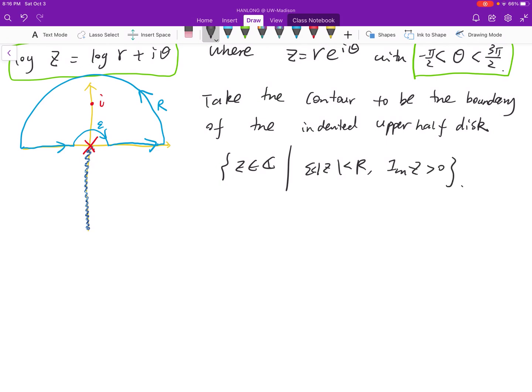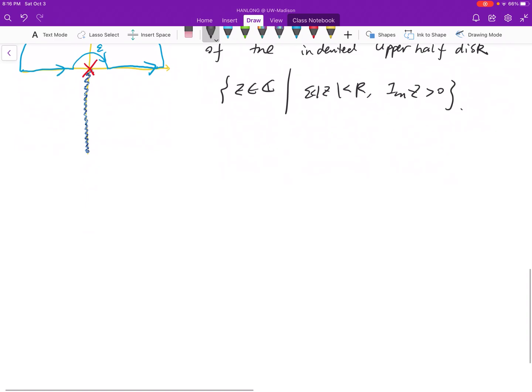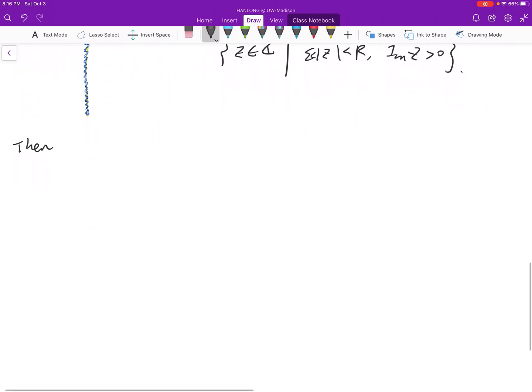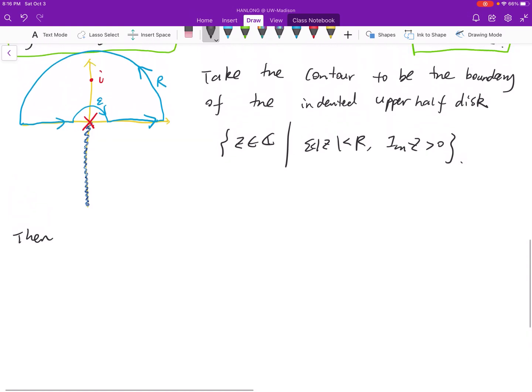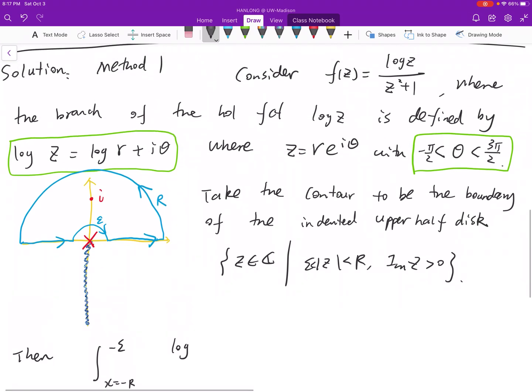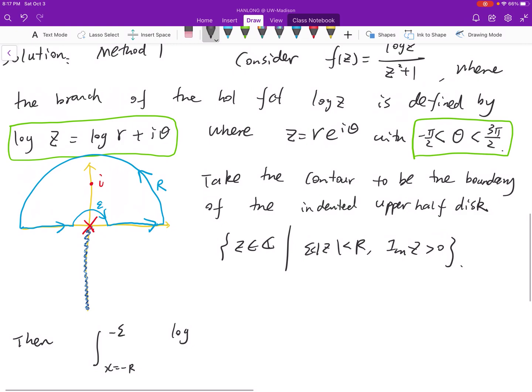That's a boundary of the following region. Then by the residual theorem, we have the integral over x from negative R to negative epsilon of log z over z squared plus 1.